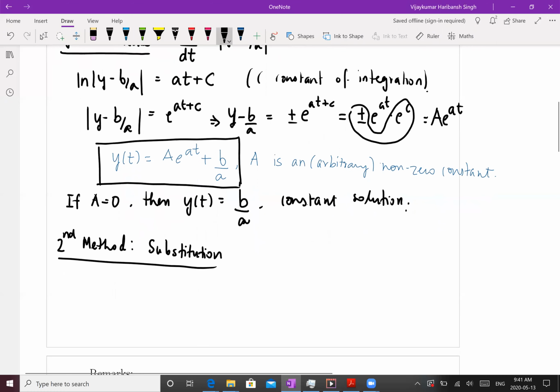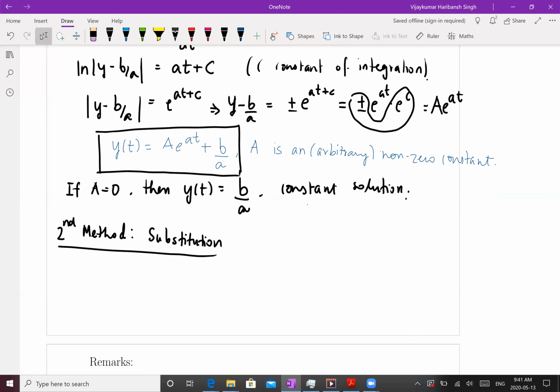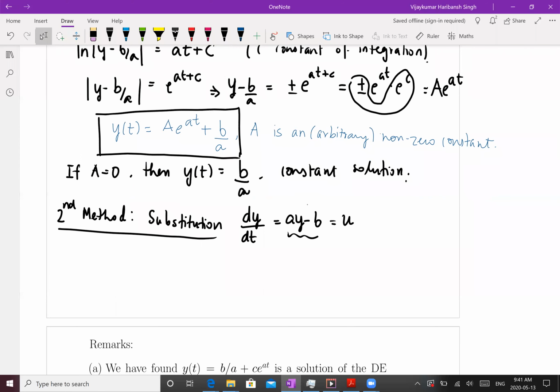So for this, let's take, so we have dy by dt equals ay minus b. Let's call this u. Okay. So if you take this as u, so let this be u, this would imply what?